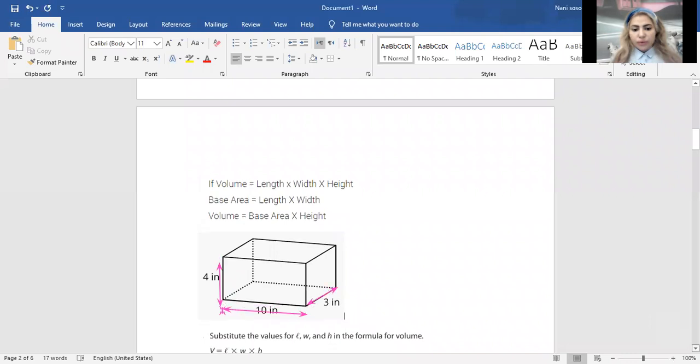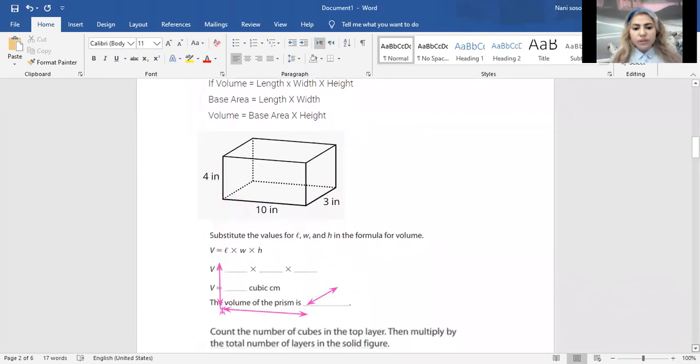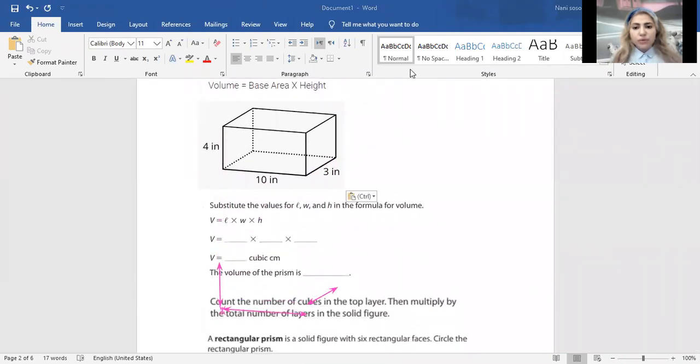Okay, so if we use this to solve here, I have my length equal 10, my width equal what? My width equals 3. My height equals what? My height equals 4. So I have 10 multiplied by 3 multiplied by 4.